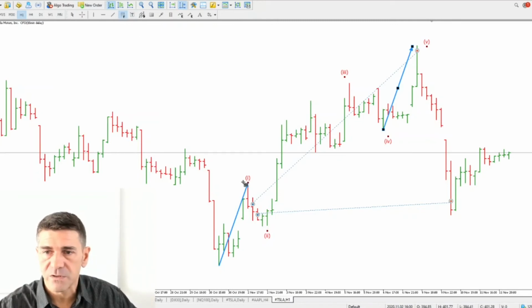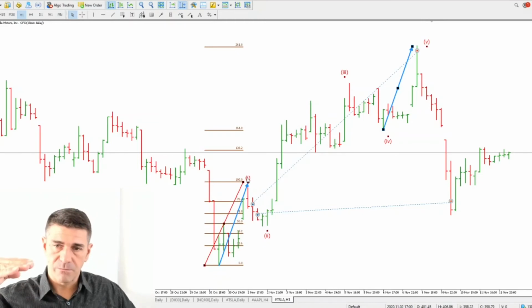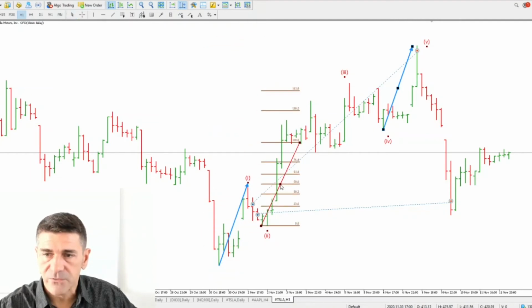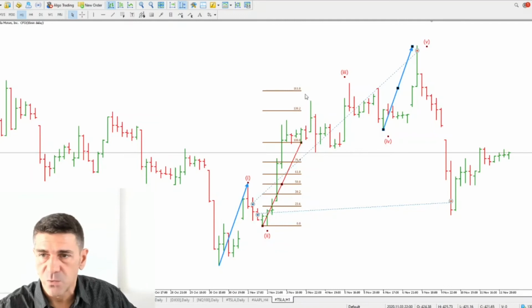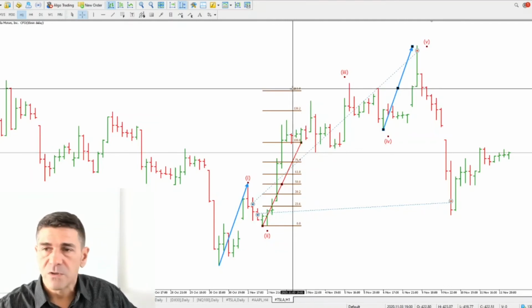Let's put here the Fibonacci extension levels. We are taking this measure of the price length of the first wave, and we are projecting it from the bottom of the second wave, and we see here this level, 161.8%.